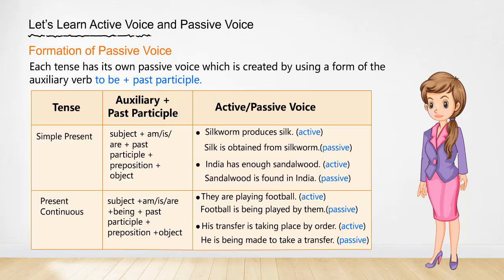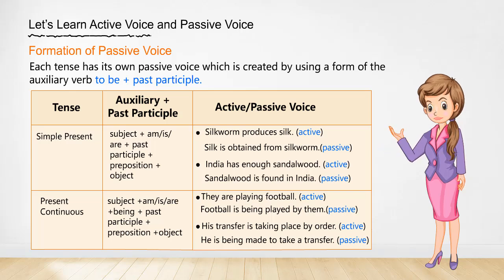Tense: simple present, auxiliary plus past participle, subject plus am, is, are plus past participle plus preposition plus object. Active passive voice: silkworm produces silk, active. Silk is obtained from silkworm, passive.